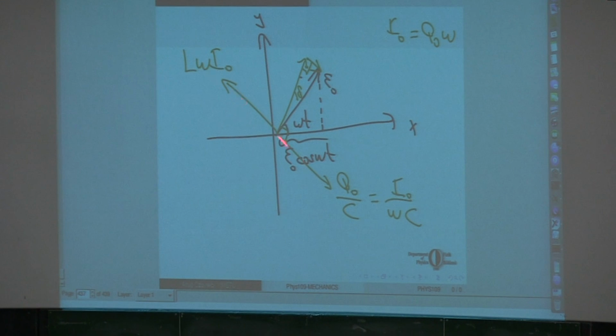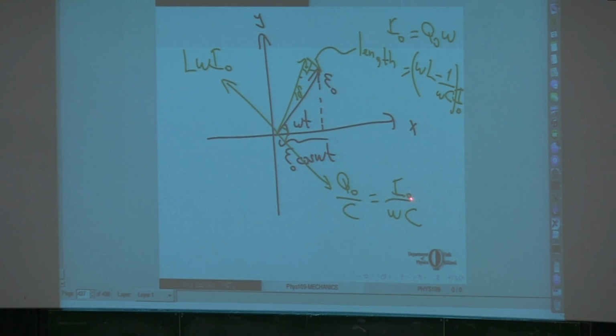Now let's see, the length of this side is equal to omega L minus 1 over omega C times I0. I know that this vector has length omega L I0.